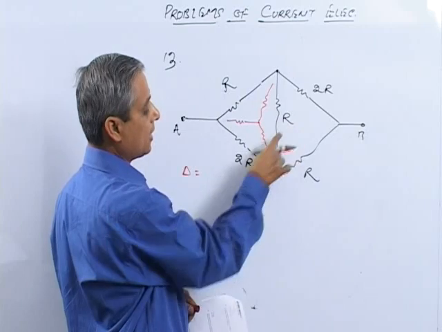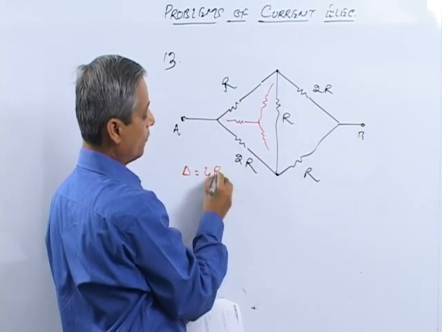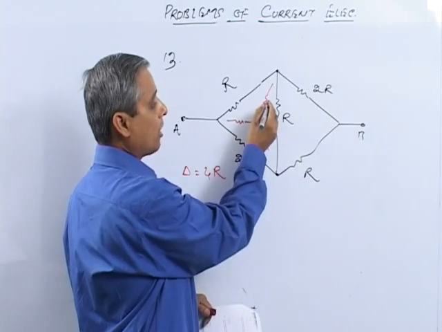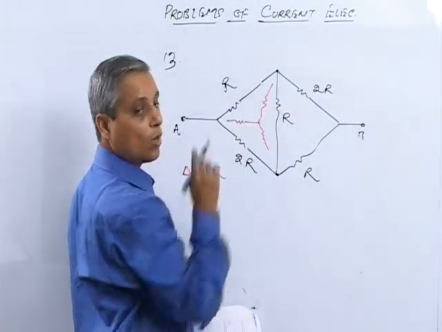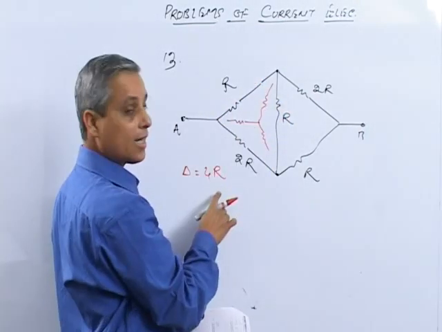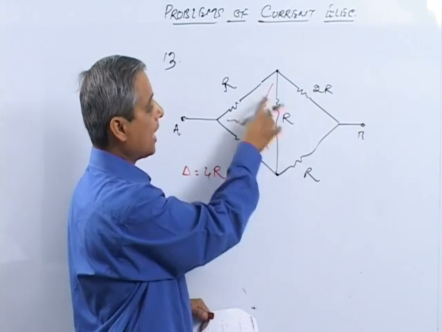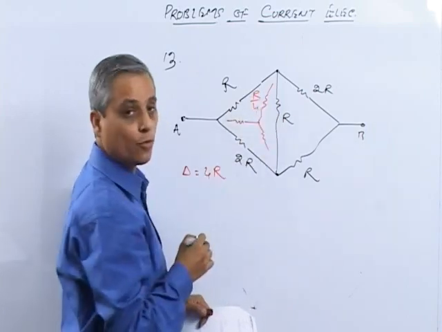It is R plus 2R plus R, the sum of all these 3, that will make it 4R. Now to calculate this resistance, you multiply these two, R and R, and divide by the sum, 4R. So it is R square divided by 4R, which makes it R by 4.